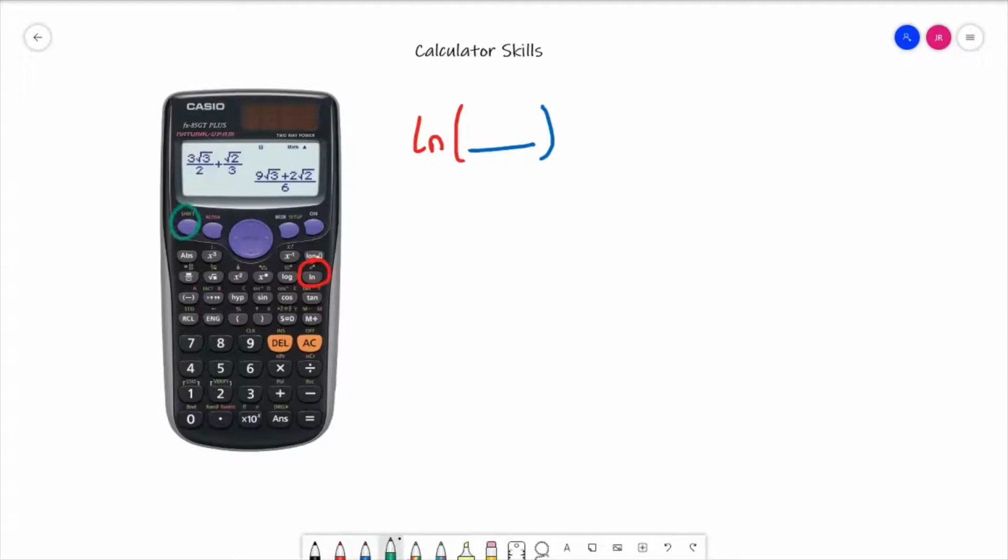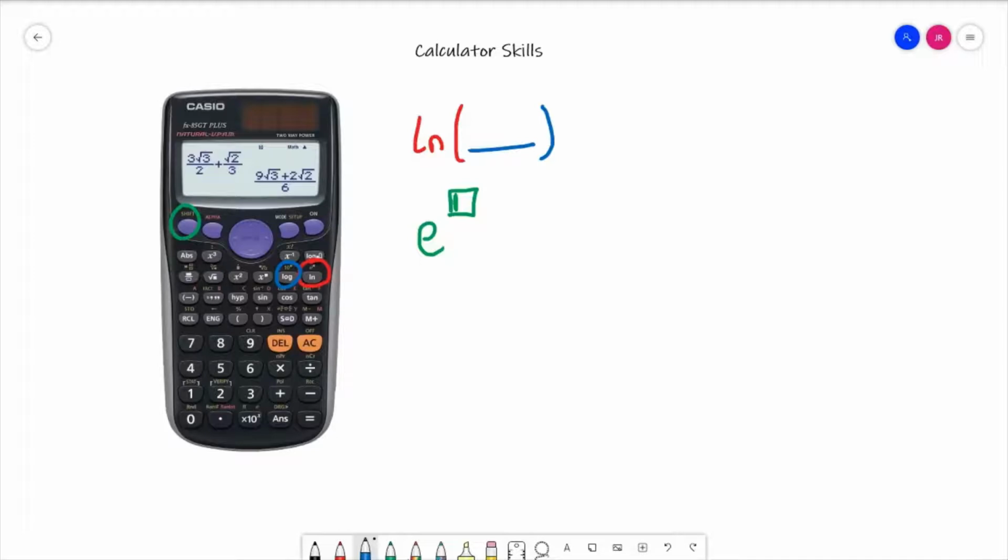Secondly, if you press shift and then that button, the calculator will give you E and then a box with the cursor on the left hand side. At that point you're doing E to the power of something, and you can type your number in there. Just make sure when you are dealing with natural log and with E that you avoid the button immediately to the left of it, which says log and then 10 to the power above.